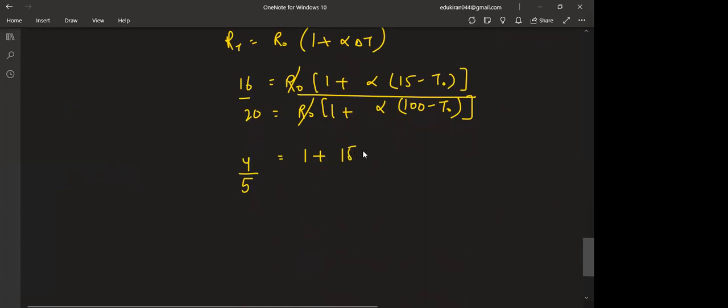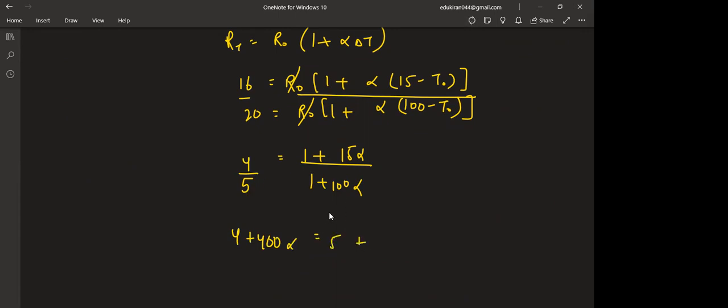So that will become 4 by 5 equal to (1 plus 15 alpha) divided by (1 plus 100 alpha). Simple cross multiplication now: 4 plus 400 alpha equals 5 plus 75 alpha. So 400 minus 75 on this side, and 5 minus 4, so 325 alpha is equal to 1.